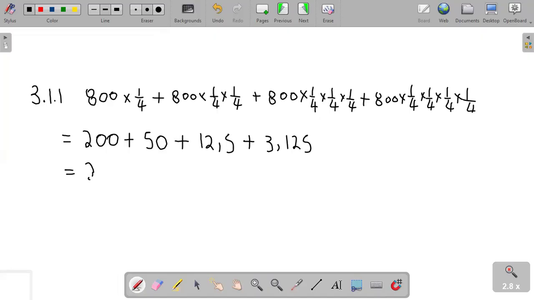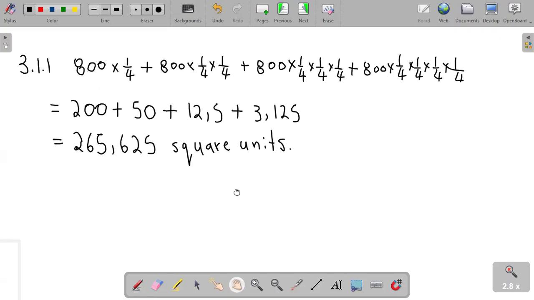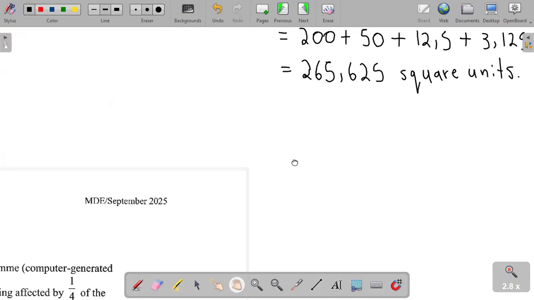So it's equal to 265.625 square units. So this is the area in the first 4 days that would be blocked out by the virus.